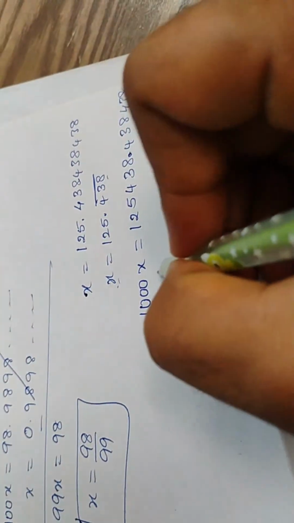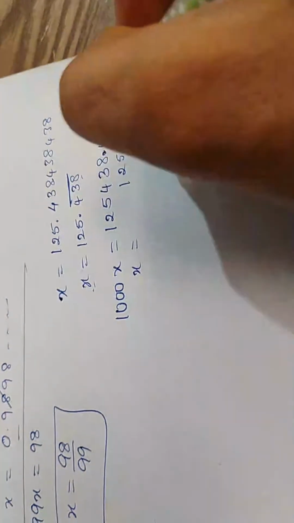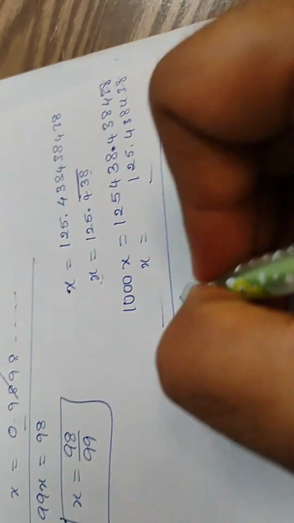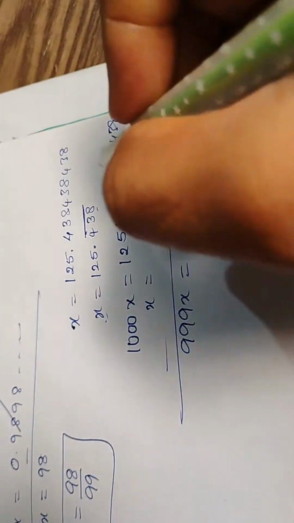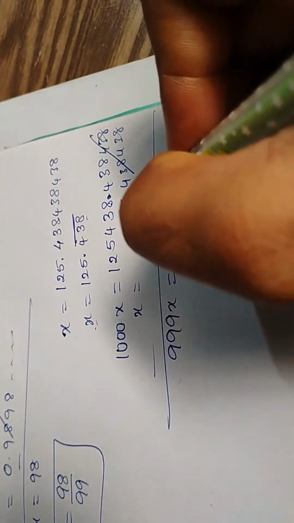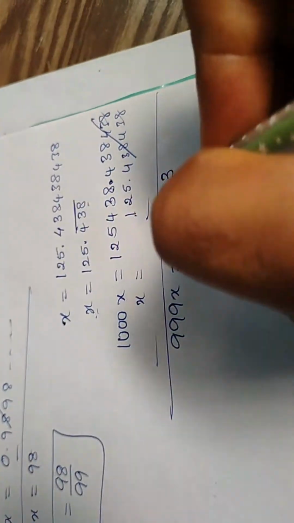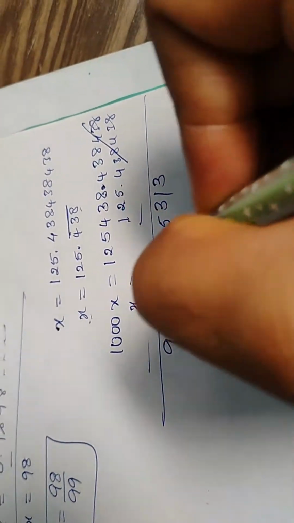So 1000x is equal to how much? 125438.438. Do the minus here. It is 999x. 8 minus 8 is completely 0. 8 minus 5 is 3. 3 minus 2 is 1. 4 minus 1 is 3. It is 5 to 1.